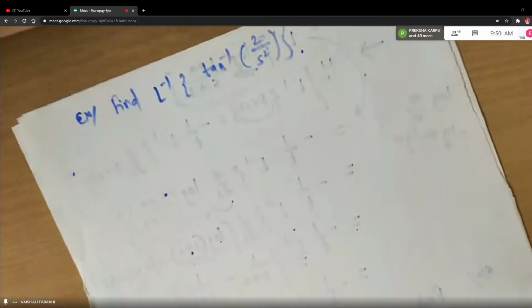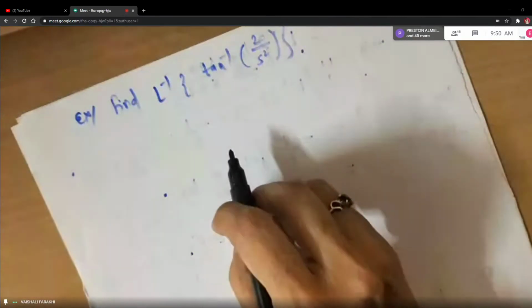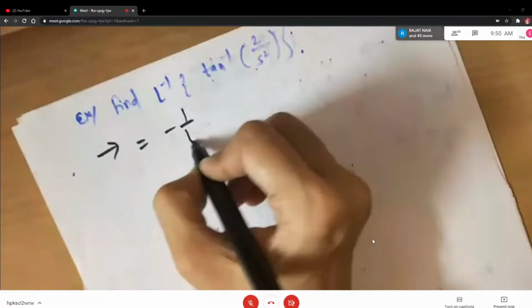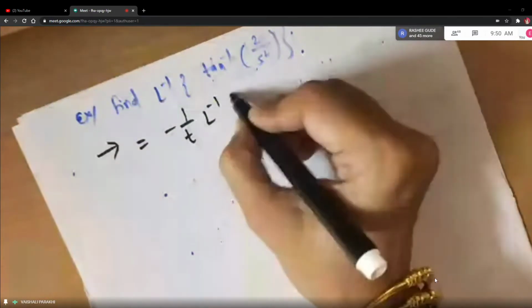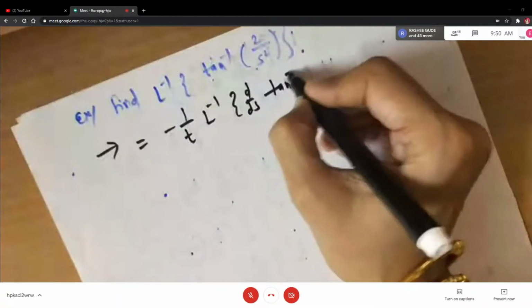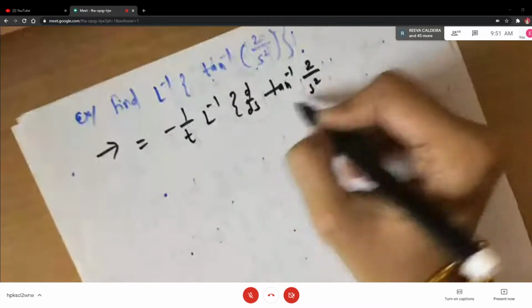So these are the problems, students, which come in exams for four marks each. So what happens here? Minus 1 by t, L inverse of d by ds, tan inverse of 2 by s square.